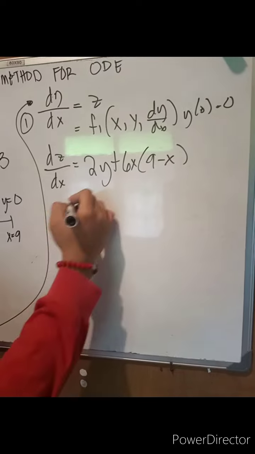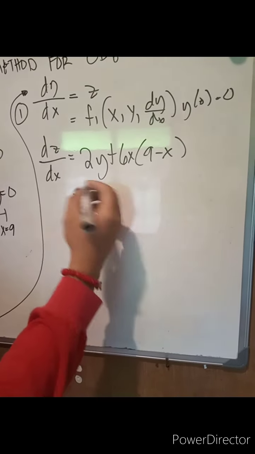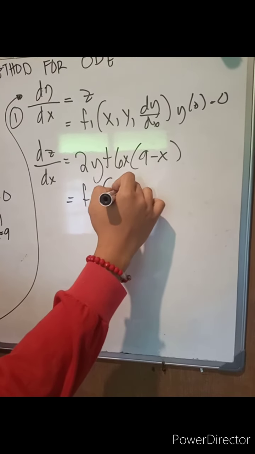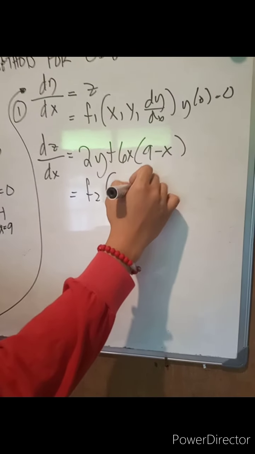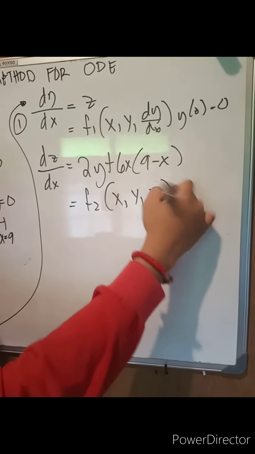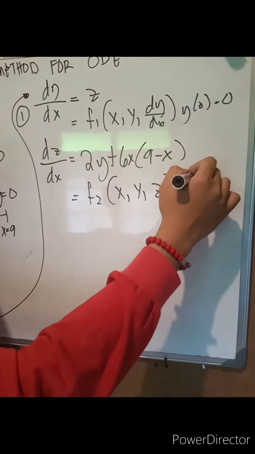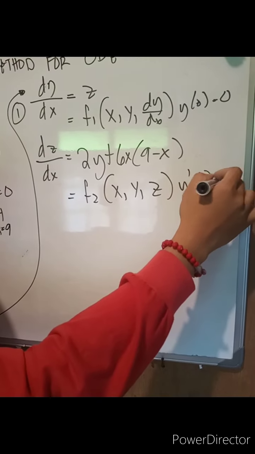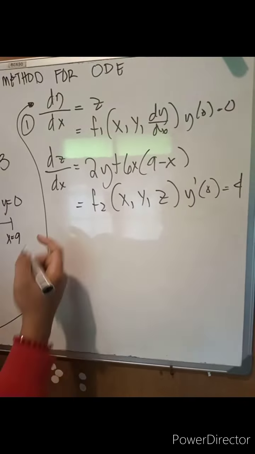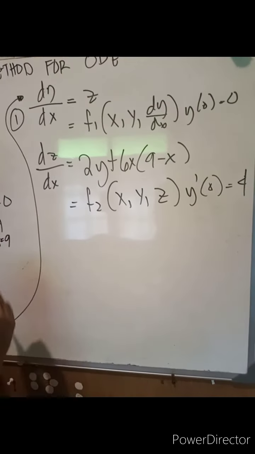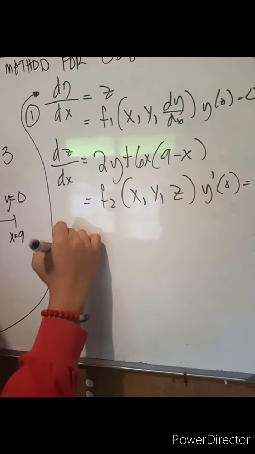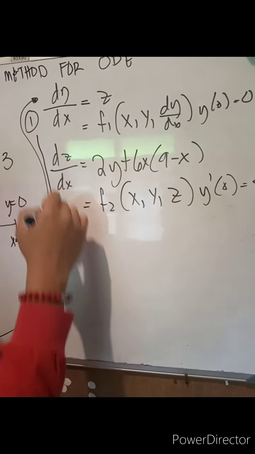Kaya siya, o equal din siya sa f of 2 times x, y, and z, where y prime sub 0 is equal to 4. So, para makuha natin yung mga value ng y, z, at x, ito yung gagamitin natin. Ito yung para sa number 1.